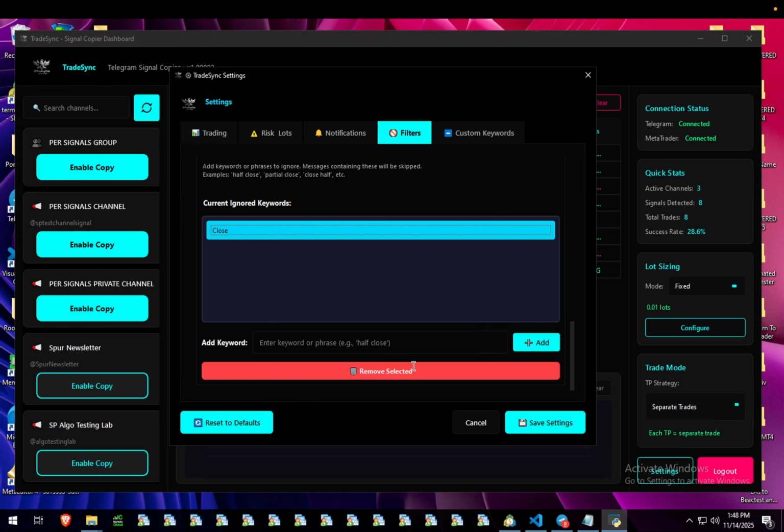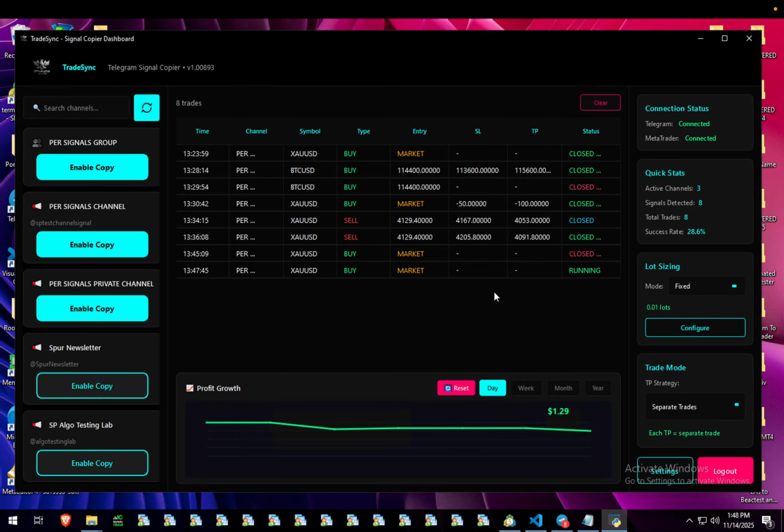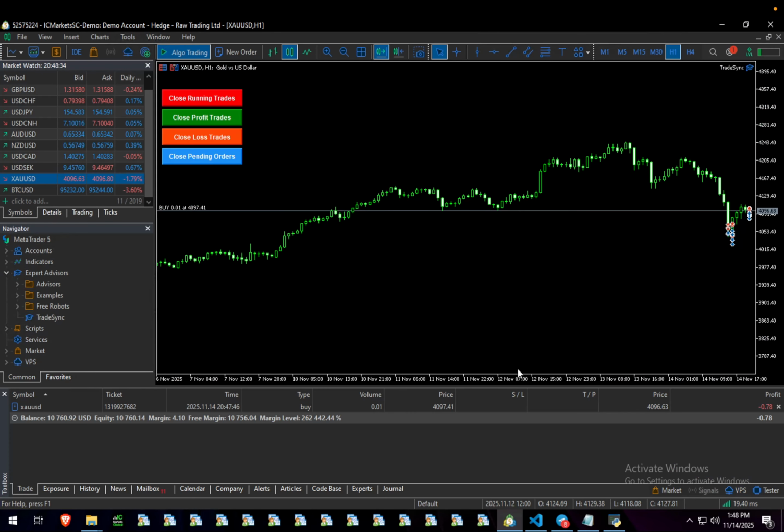When you no longer want to block a keyword, simply remove it from the ignored keywords list. Once it's removed, the command or keyword will work normally again.